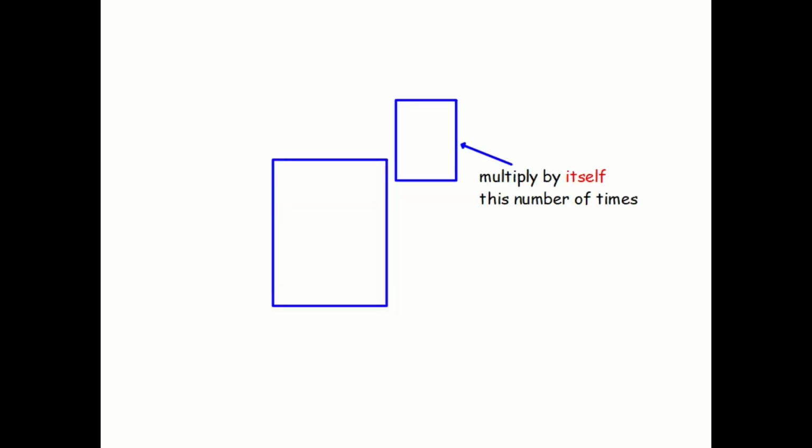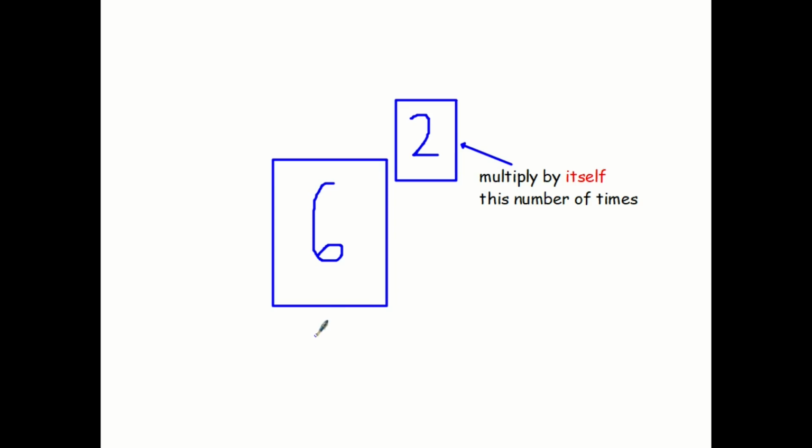Okay, what does it mean if we have a number in index form? Well, if we have, for example, a 6 here as our number, and we have a 2 here, we say that that is 6 squared. But what does it actually mean? It means that the number, in this case 6, is multiplied by itself this number of times.